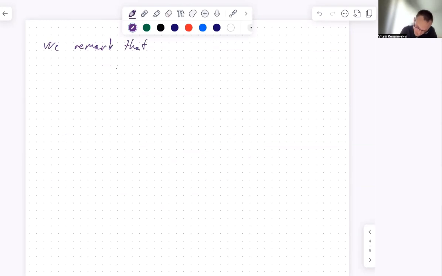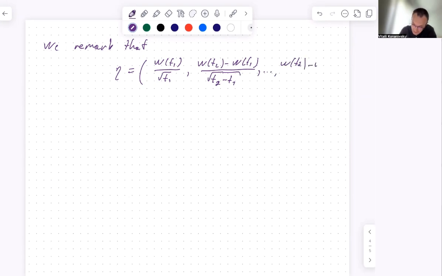when we consider the vector eta, that is, we take W_{t1} and divide by square root t1. And then we consider the increments, W_{t2} minus W_{t1} divided by square root of t2 minus t1, and so on up to W_{td} minus W_{t(d-1)} divided by square root of td minus t(d-1).